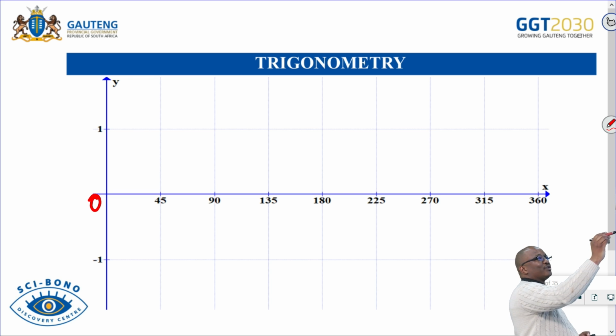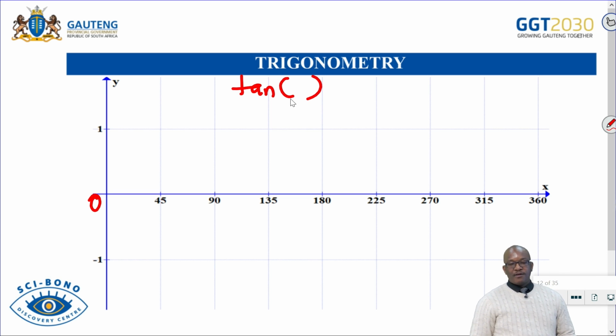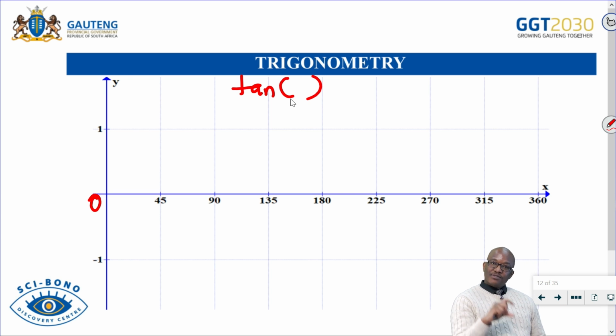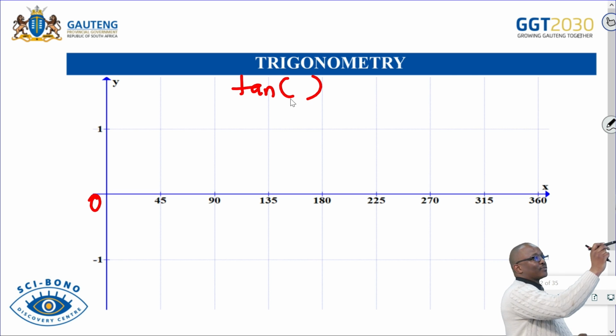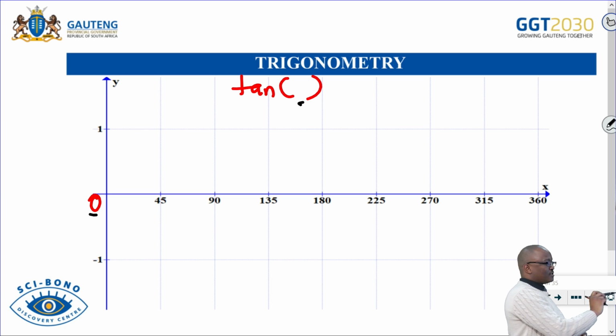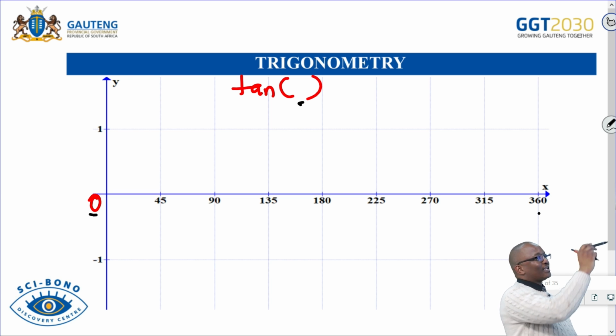Then in your calculator, you're going to have tan of x. Remember, where there is x, you open the bracket. Then you start substituting the values from 0 to 360 inside your calculator.